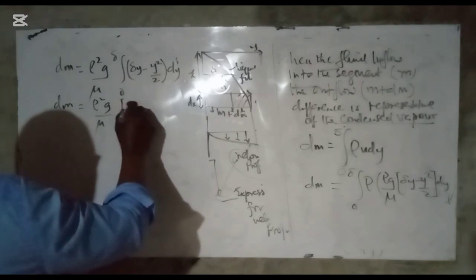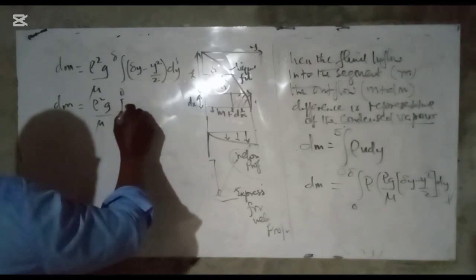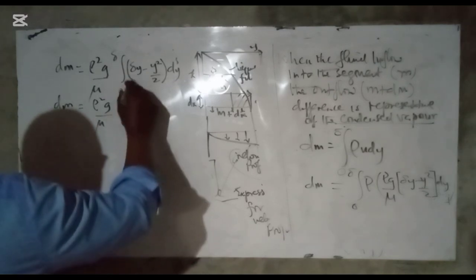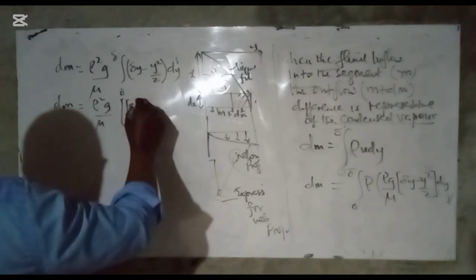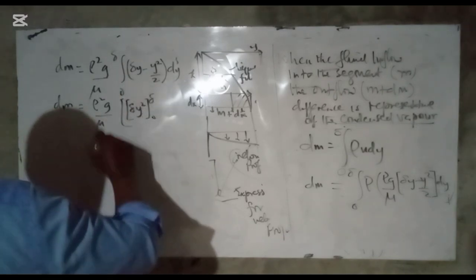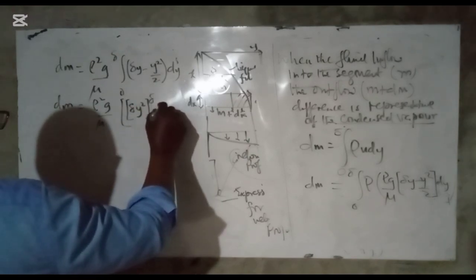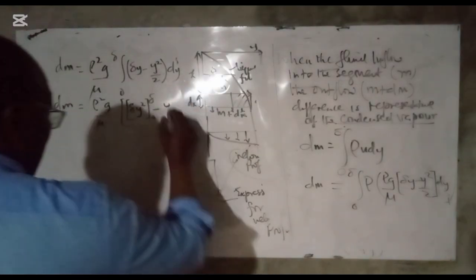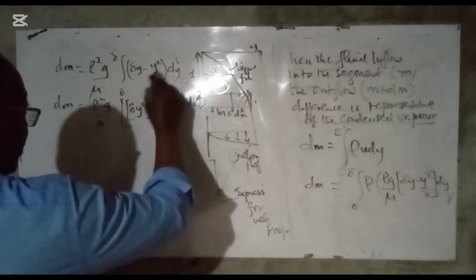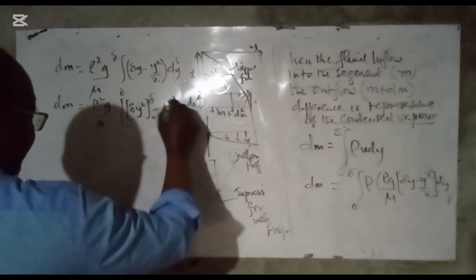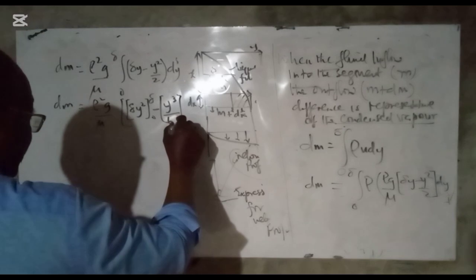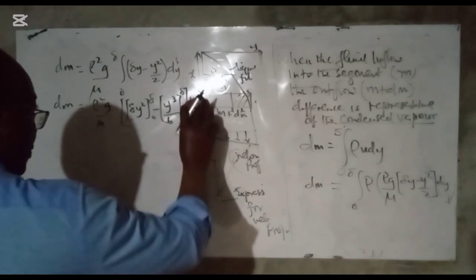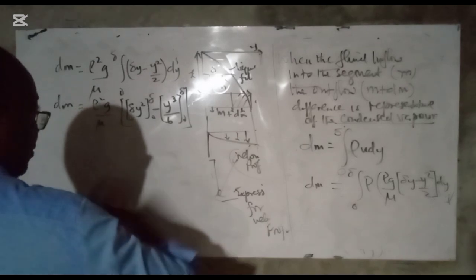The integral of that will be sigma y squared, from 0 to sigma, minus y cubed over 6, from 0 to sigma. Let's move that for now.